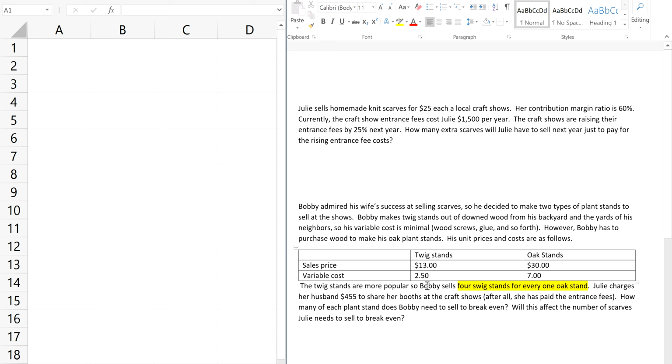All right, so we're looking for the break-even point. For the break-even formula, if you use the traditional method, we're going to use your total revenue minus your cost.